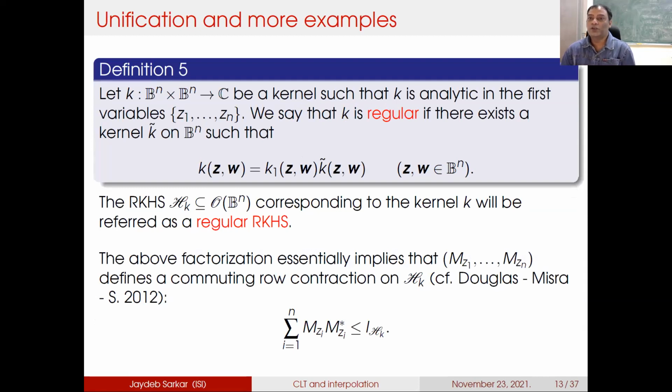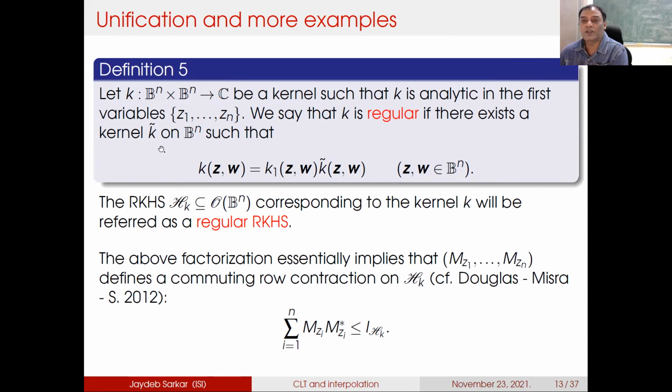All right, so here is the unification and some more examples. So we consider a kernel K from B_n × B_n to C, which is analytic in the first variable.